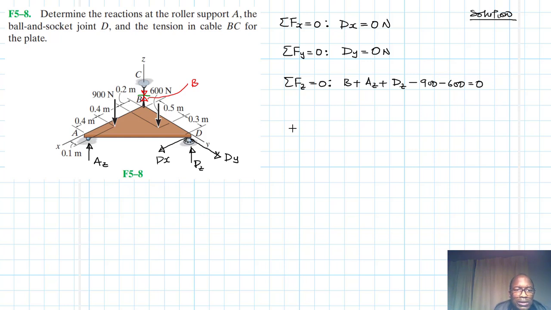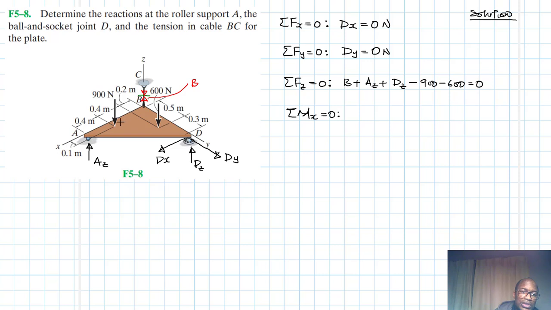Okay, so now let's apply the other equations. Let's start with summation of moments about the x-axis equal to 0. Again, we are using the right hand thumb rule.